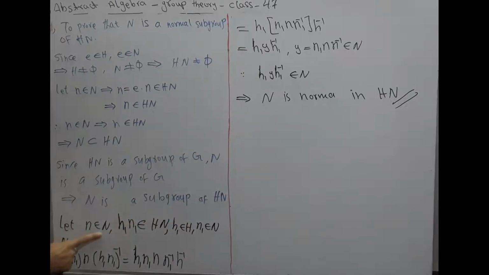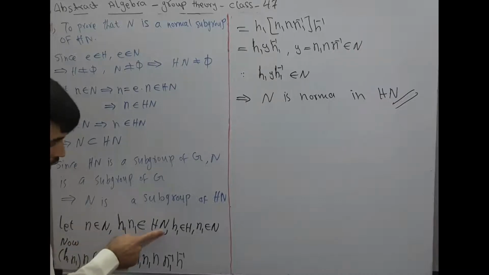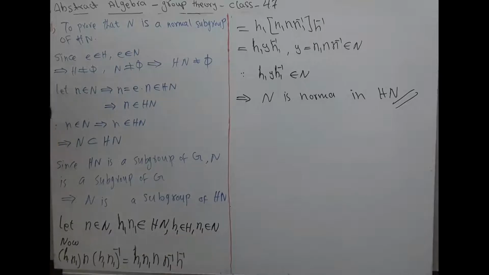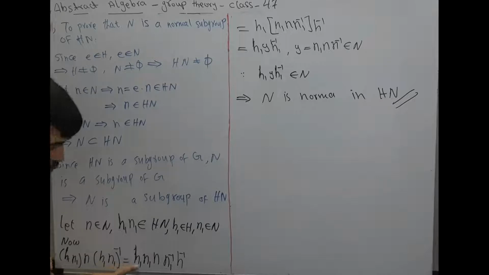Let h1 n1 belong to HN, where h1 belongs to H and n1 belongs to N. Now we can write h1 n1 times n times (h1 n1) whole inverse, equal to h1 n1 n n1 inverse h1 inverse.